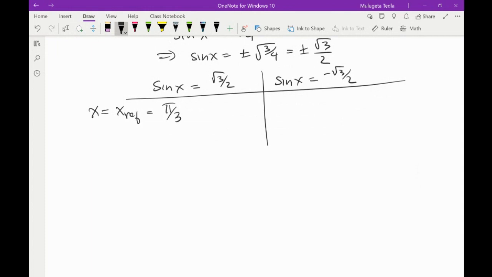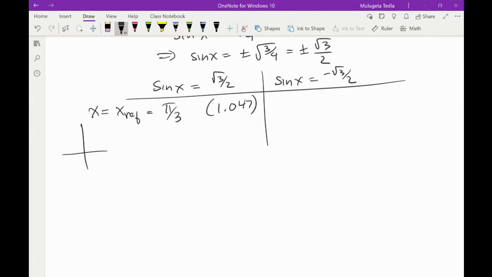But if you haven't practiced remembering those angles, you could use the second function of sine of root 3 divided by 2. You will get 1.047 to 3 decimal places.